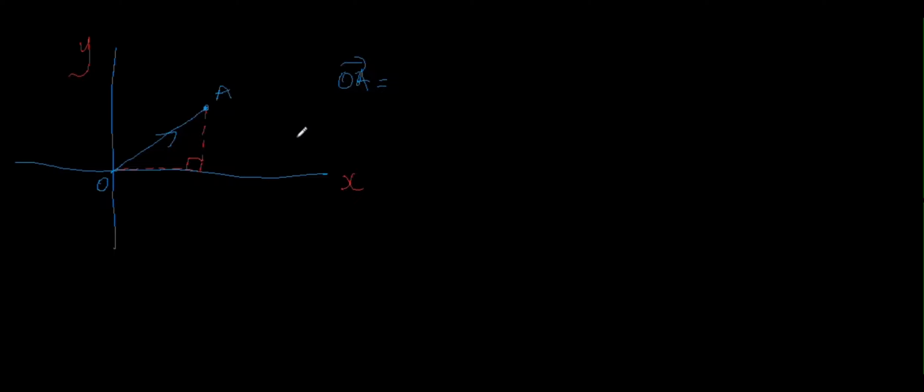And by the Pythagorean theorem, we could see that the length OE squared is equal to, well, here's x, here's y, x squared plus y squared.